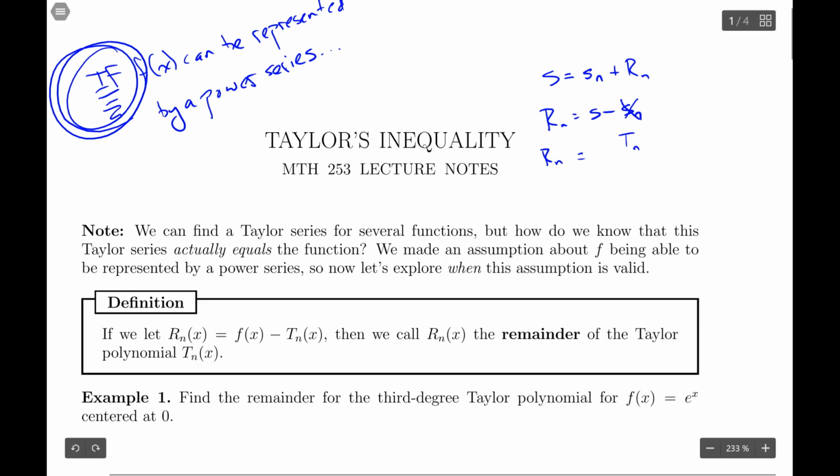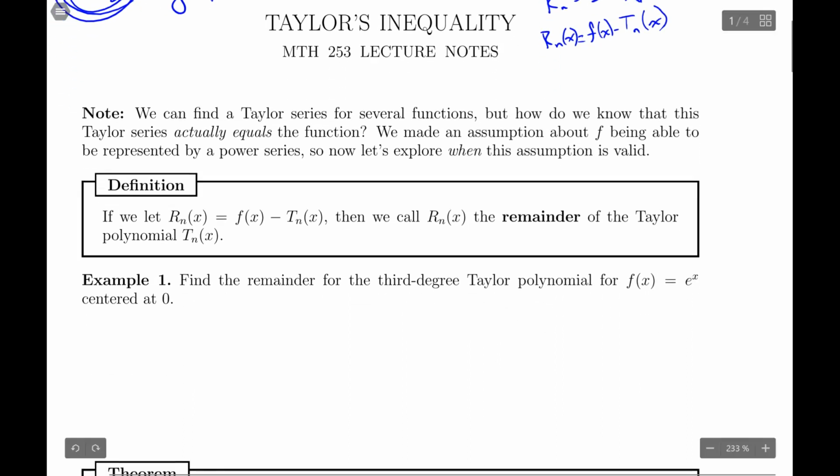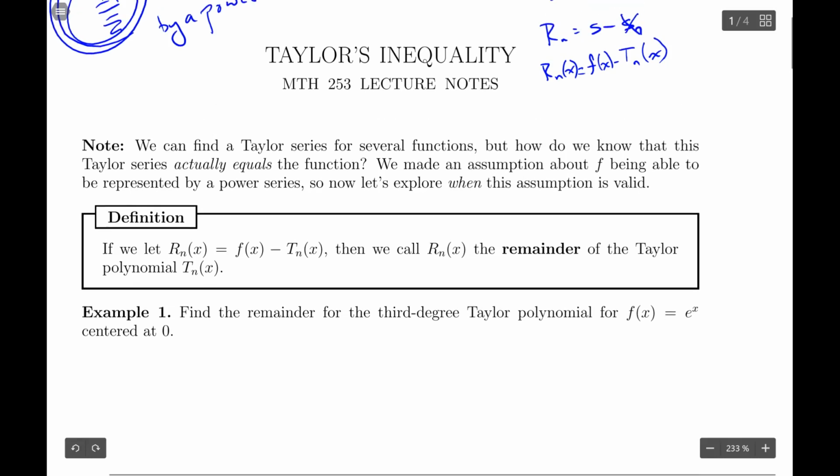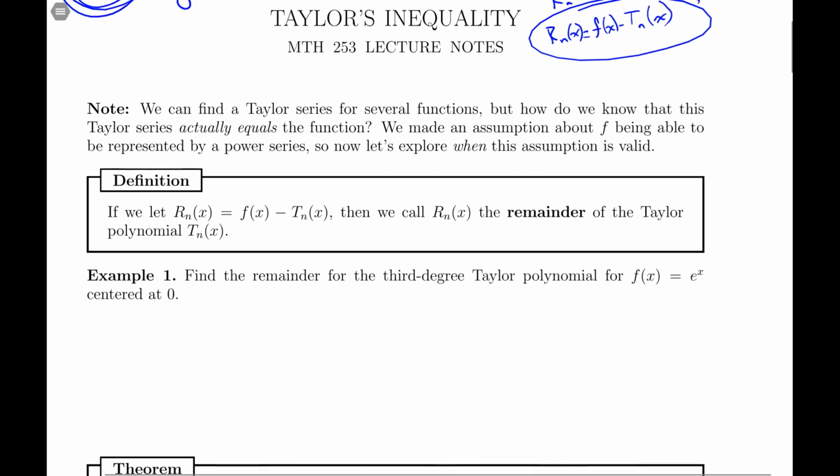So R sub n is S, the sum, which is our function, minus our approximation, because our function and our approximation, our Taylor polynomial, are both functions of x. So too is our remainder. So here's where our definition comes in. If we let R sub n of x be equal to f of x minus T sub n of x, that's what we did here, then we call R sub n the remainder of the Taylor polynomial T sub n of x.